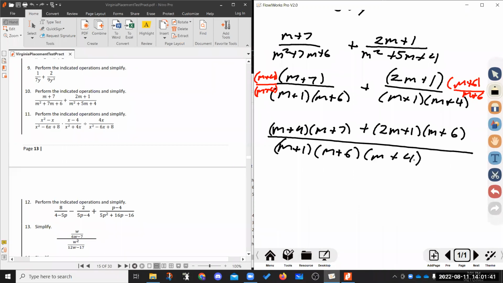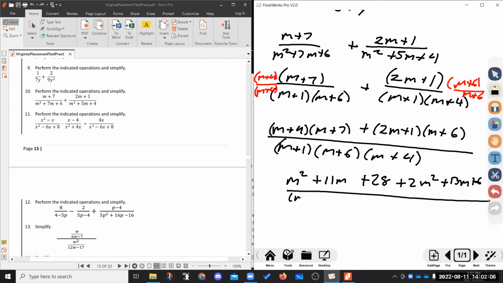Now let's figure out what the numerator is, because I might actually get something where I have a factor of m plus 1, m plus 6, or m plus 4 when I'm done. It's going to be m squared plus 11m plus 28, plus 2m squared plus 13m plus 6, over m plus 1, m plus 6, m plus 4.